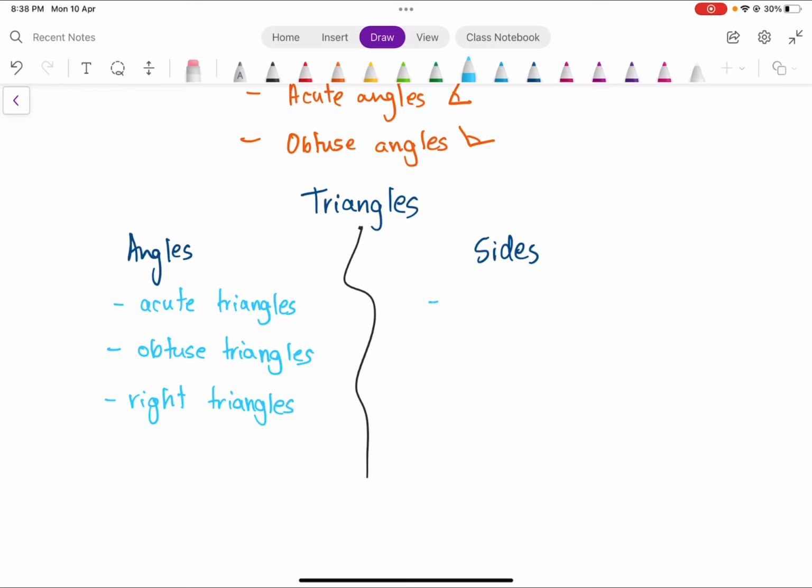Based on their sides, there are equilateral triangles, isosceles triangles, and lastly, scalene triangles.